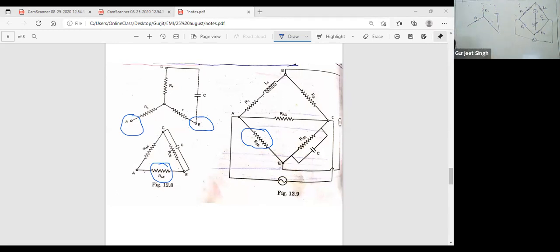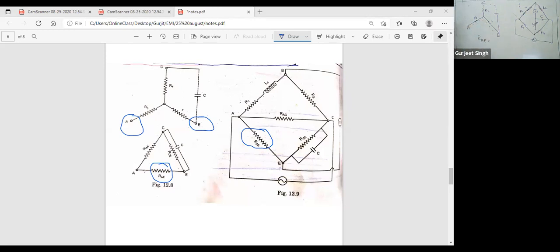So in this star connection, we have a point, here we have point A, this is point E, and here we have point C. So first of all, we are finding the RAE resistance from this one.